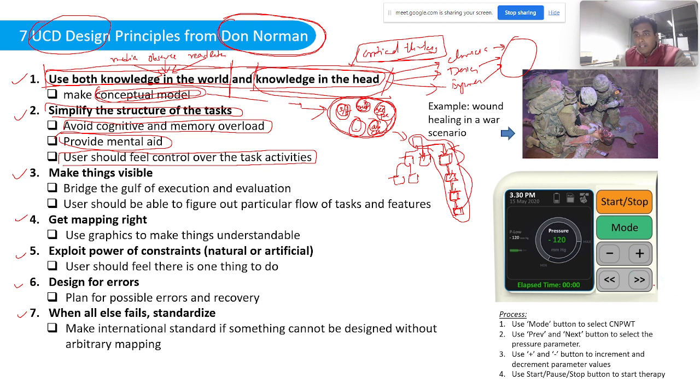And these are like mental aids. When you see some arrow or some plus, for example, if this is a Russian device and you write something in some unknown language, and then an Indian person has to use this device, instead of a plus or minus sign, if you wrote the words for plus and minus in that language, it would probably be very difficult for the person to use.